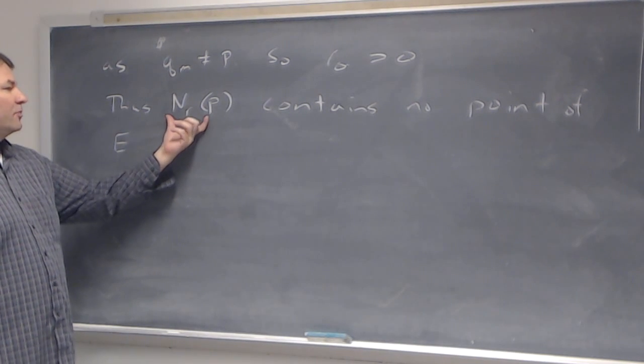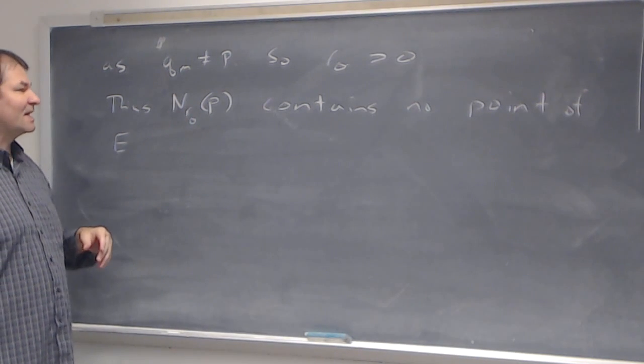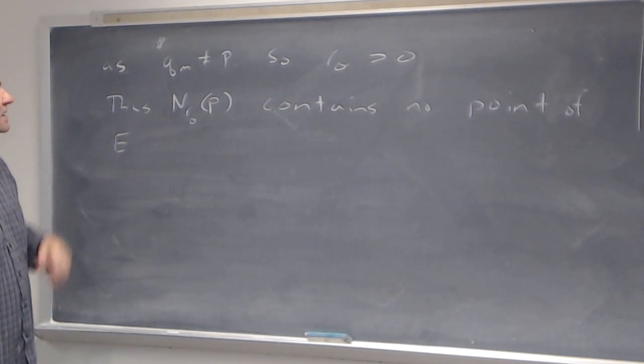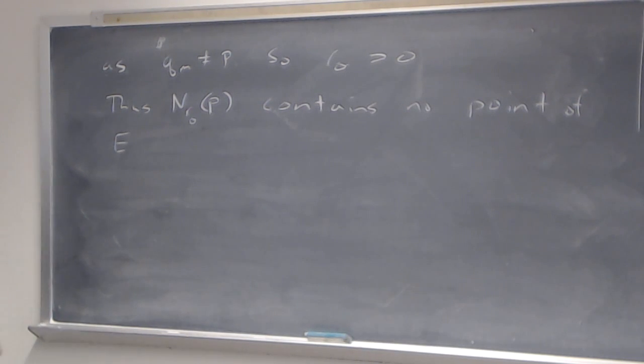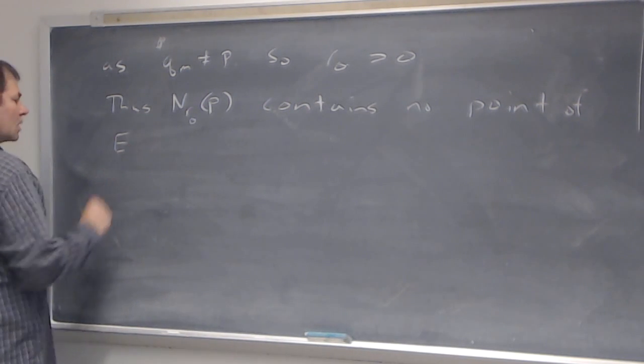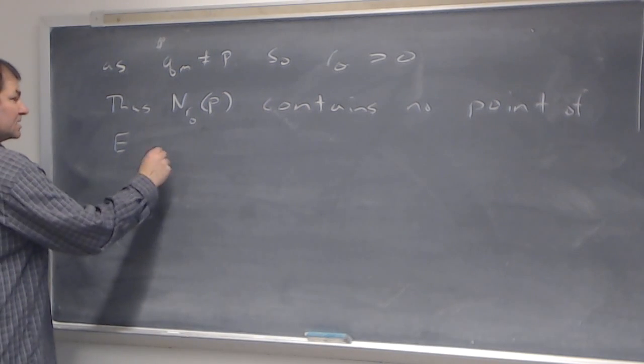And this neighborhood of P won't contain any of those because its radius is too small. And so what happens is that this is a contradiction.